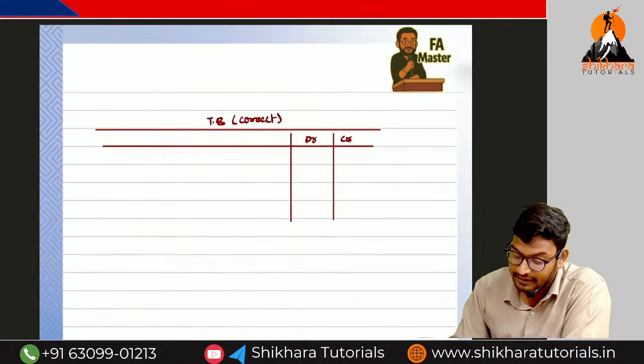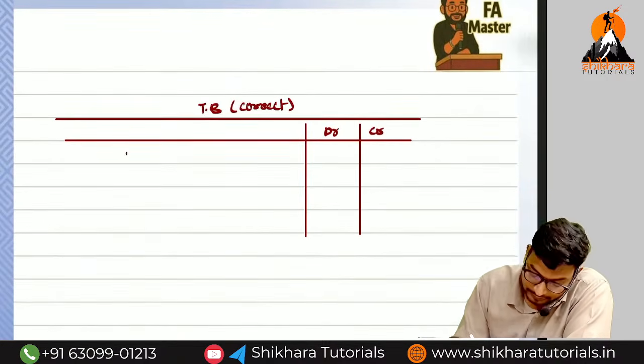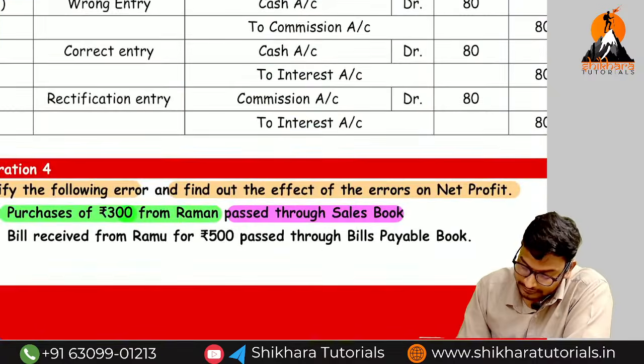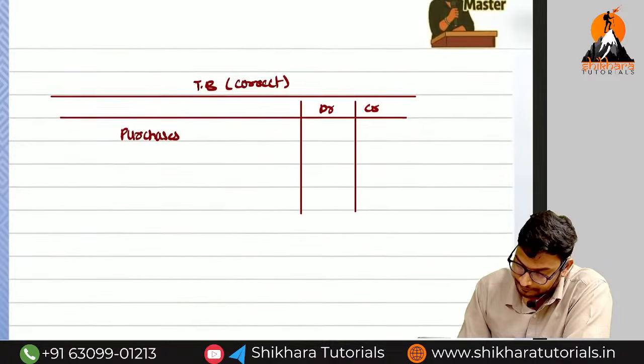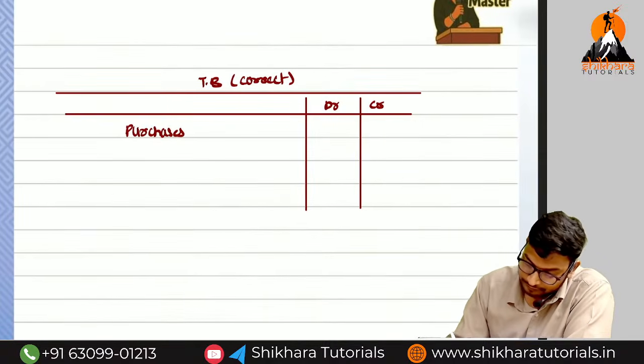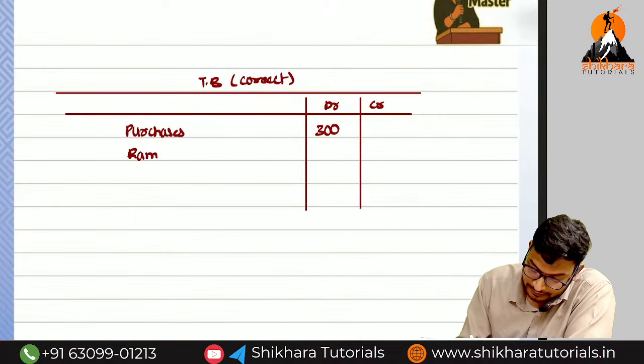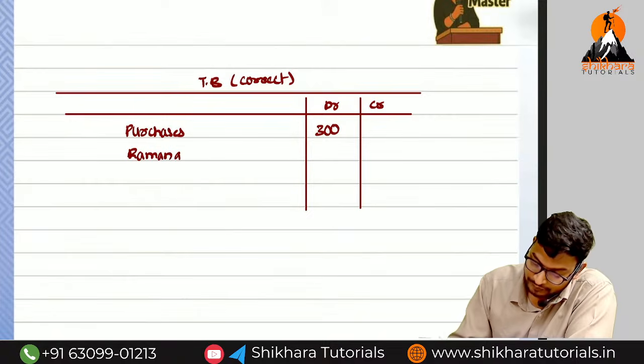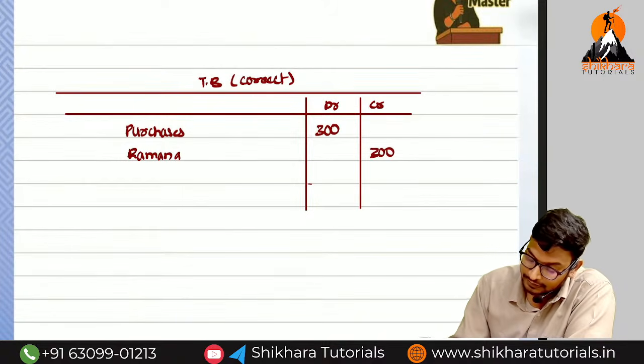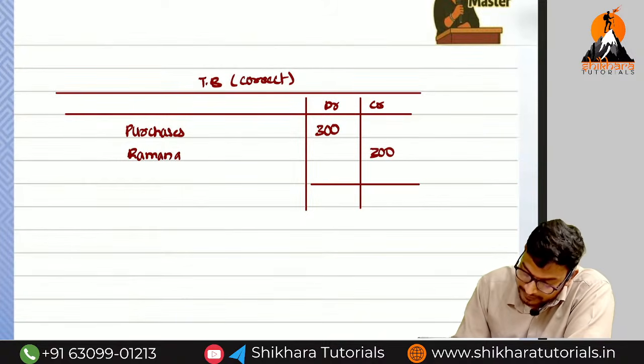So purchase debit, debit side record. How much is the amount? 300. Ramana credit 300. So like that it should be there.